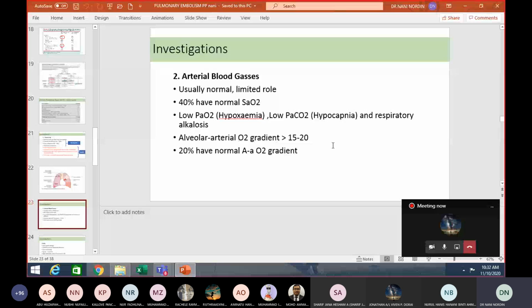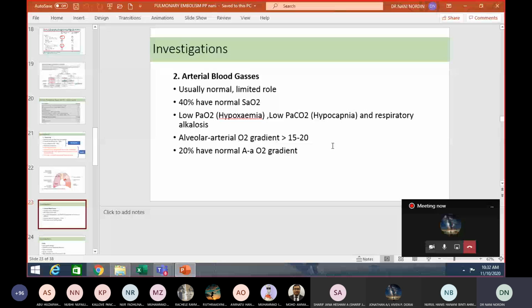Another way of looking at whether there's pulmonary embolism or not is to calculate the alveolar-arterial oxygen gradient. There is a formula for that, a way to calculate the alveolar oxygen.